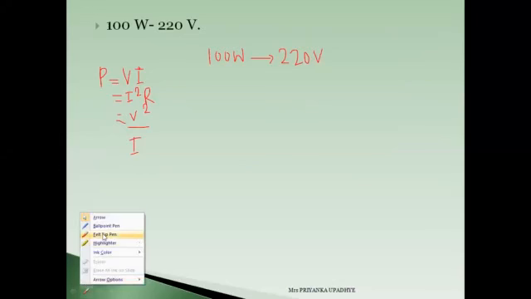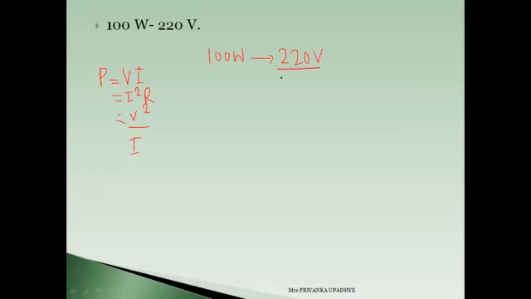What does it mean? When 220 volt of voltage is supplied, the bulb will glow with 100 watt power.